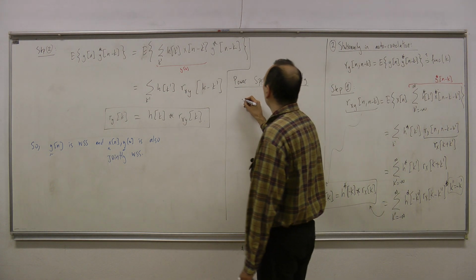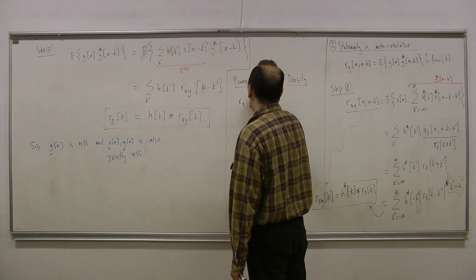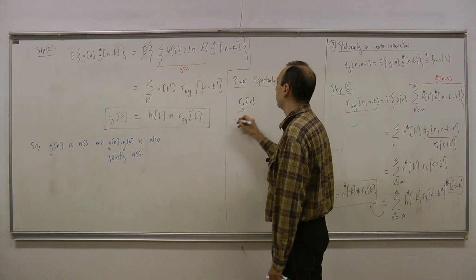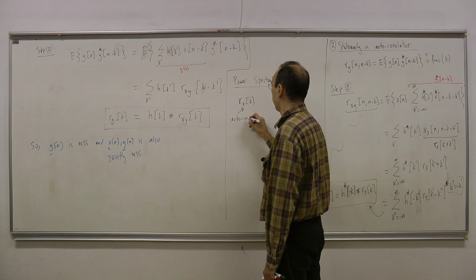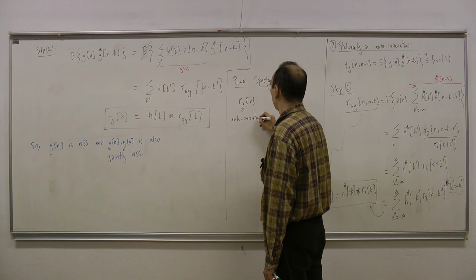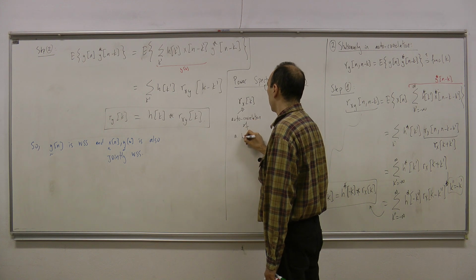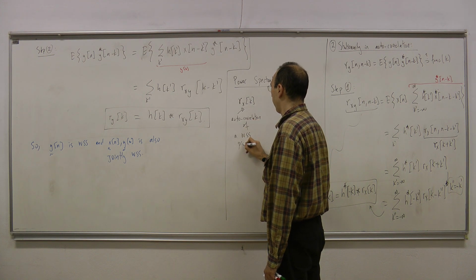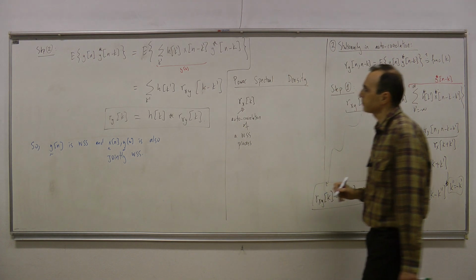Okay. So let me define, if I have Rx of k, this is the autocorrelation of a wide sense stationary process.